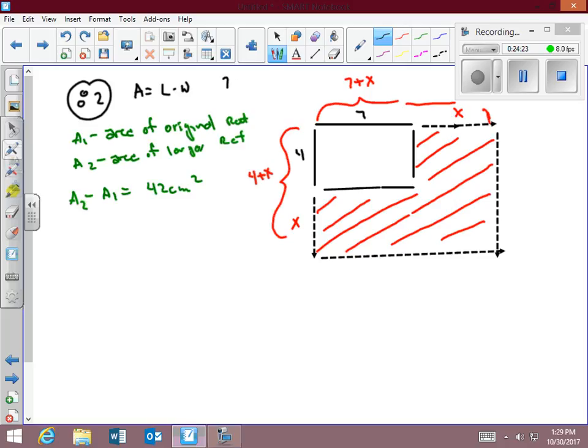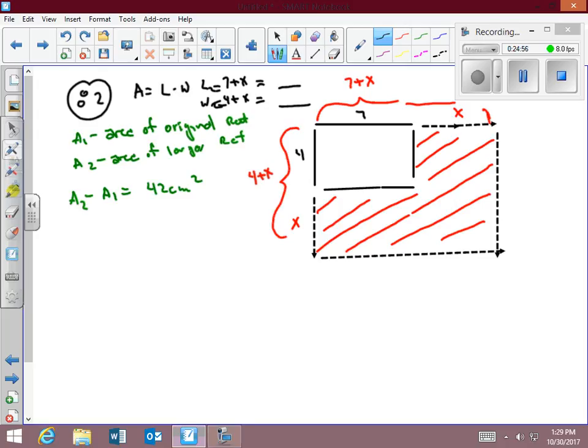The length of the larger, so this would be L2 and width 2. That's what I'm trying to calculate. I'm going to have to calculate x and then figure out what the length and width are.